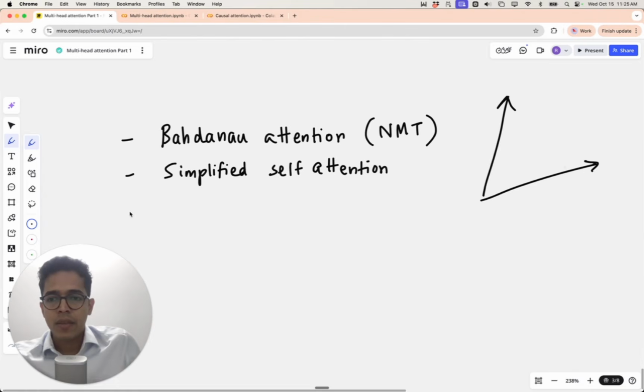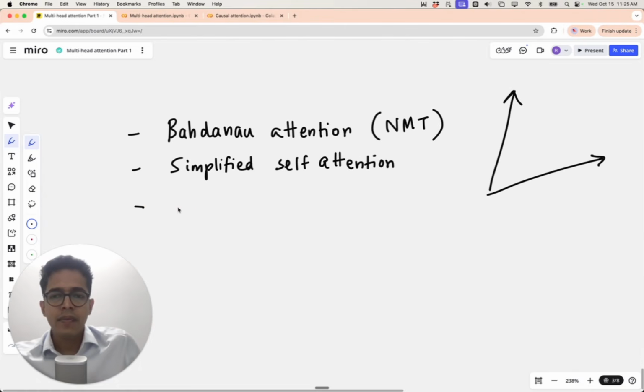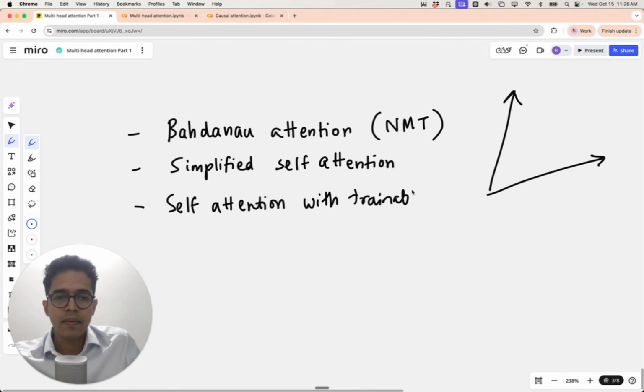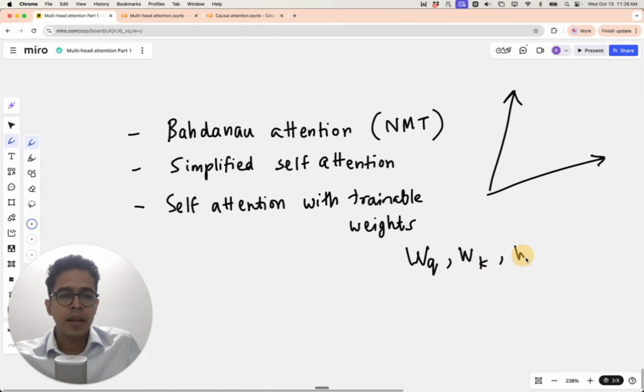But in the following lecture, we discussed self-attention with trainable weights. Here for the first time, we introduced the weight matrices WQ for query, WK for key, and WV for value.